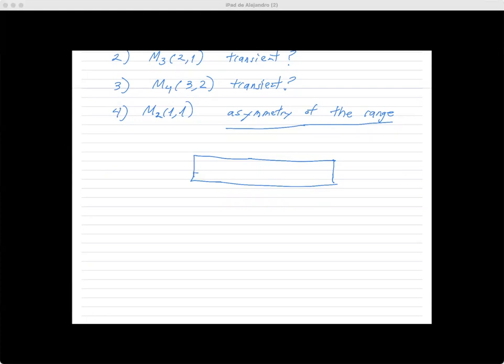So this means that the range of the two-dimensional random walk horizontally should be more or less of order square root of n.